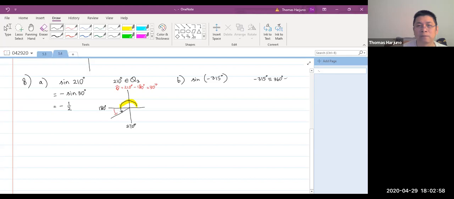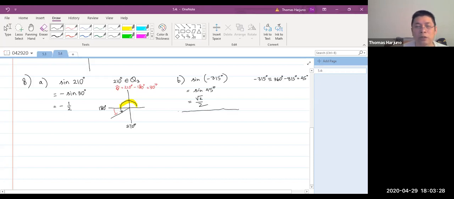If I add 360 degrees, I get 45 degrees. So sine negative 315 degrees is the same as sine 45 degrees because these two angles are coterminal. Then sine negative 315 degrees must be radical 2 over 2.